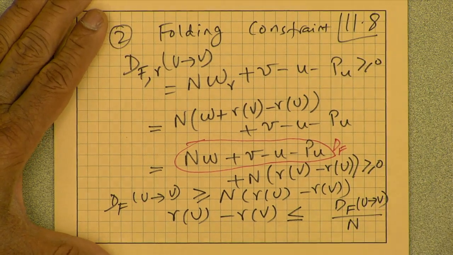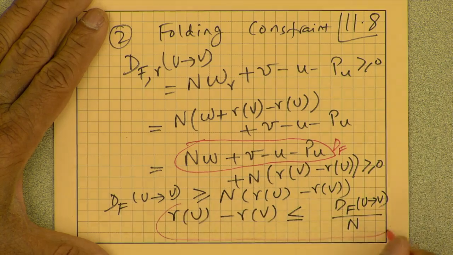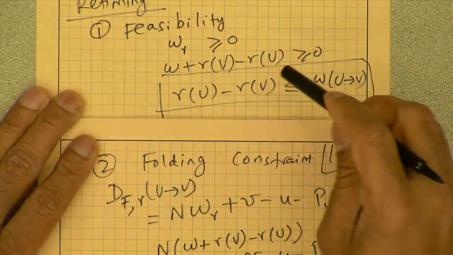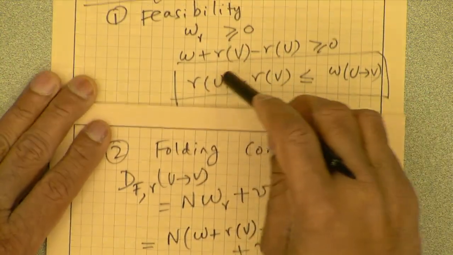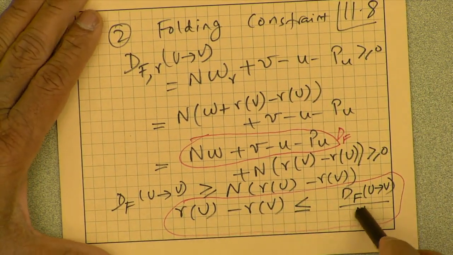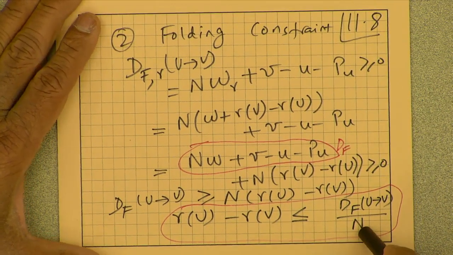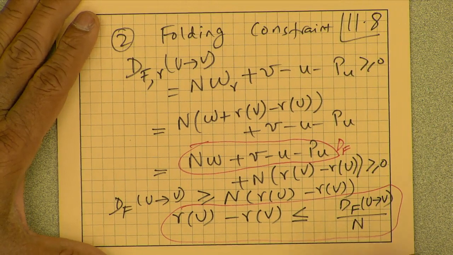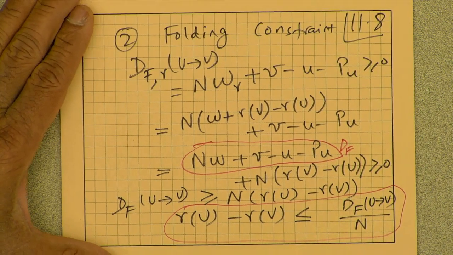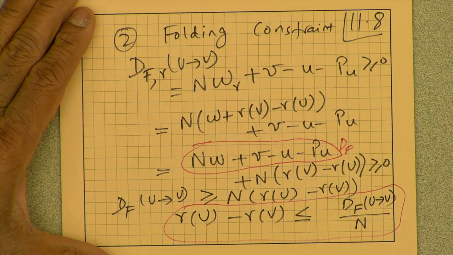Okay, believe it or not, we have derived the second constraint called the folding constraint. So if we solve the retiming problem with the feasibility constraint for each and every edge and this constraint for each and every edge, then we are done. We can either get a solution that will guarantee that the number of folded delays after retiming are all non-negative, or we will return false.